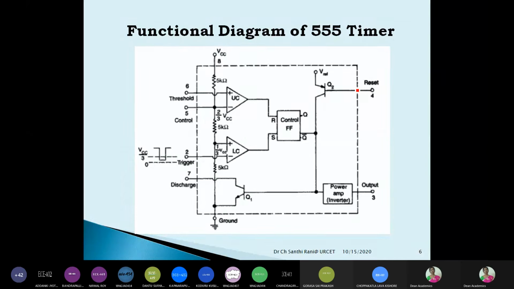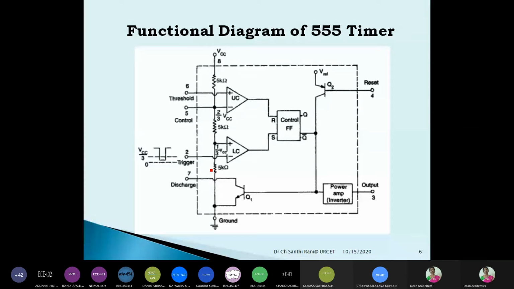But the doctor knows where your heart is. Similarly, if they want to perform a heart operation, near the heart only they will perform the operation. Similarly here also, if you know the internal components, the internal circuit, then only you can use this IC for several other applications.